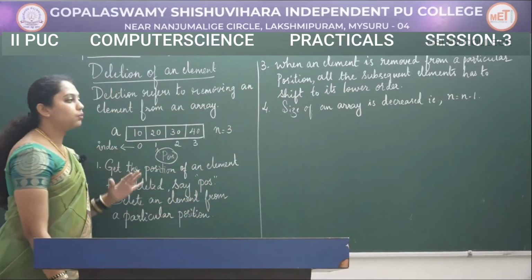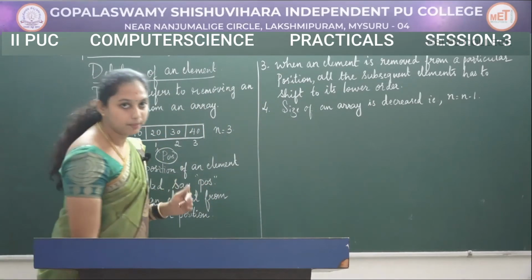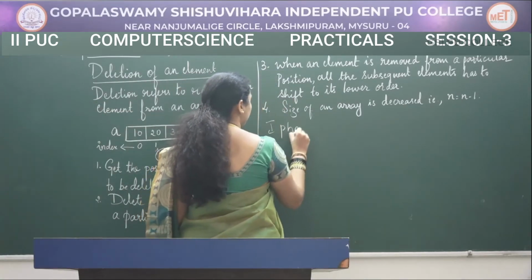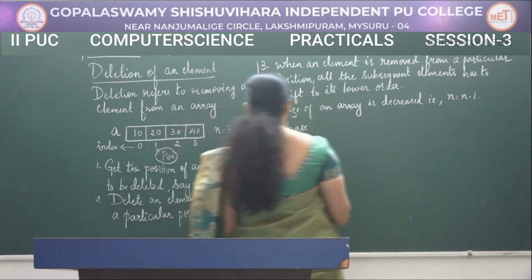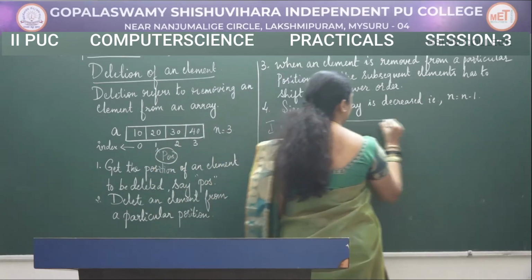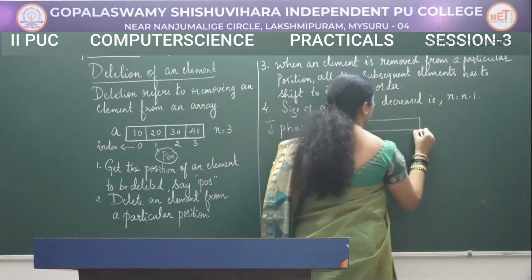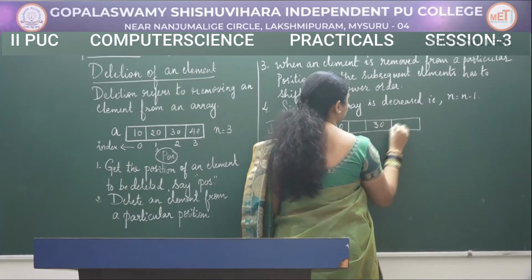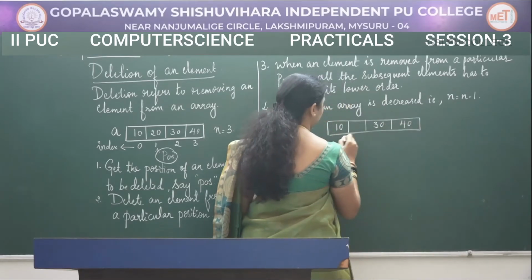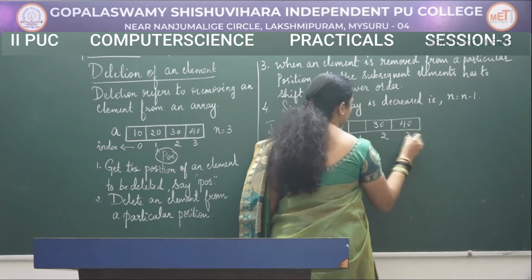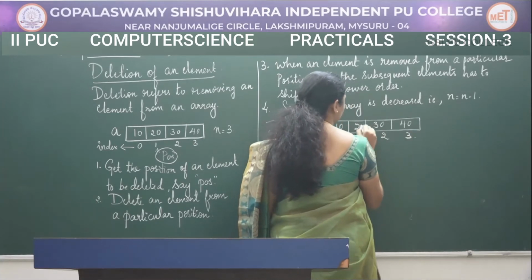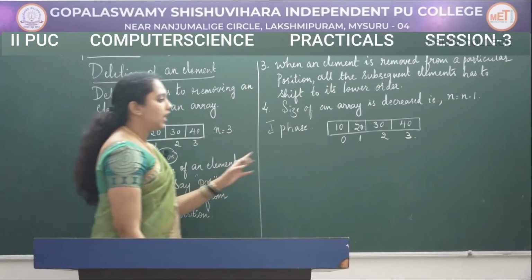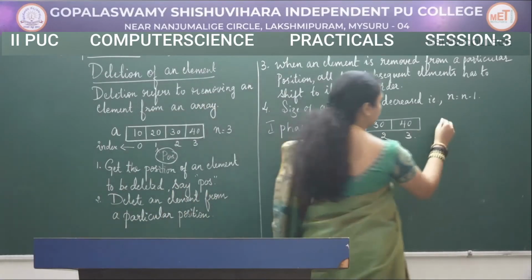Now let's see how to delete an element from an array. So in the first phase, I am going to delete an element from the position 1. I want to delete an item 20.